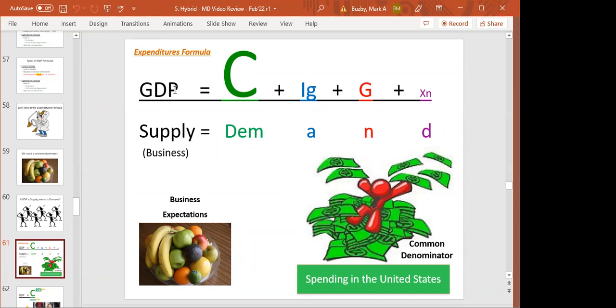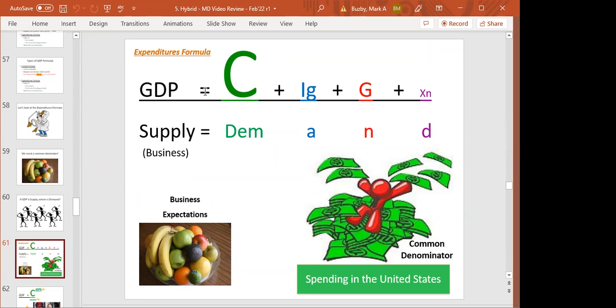That's why GDP looks at the total market value, or in other words, what it's bought at Walmart. Why? Because that's what households, business, government, and the rest of the world buy off the shelf at Walmart. So we want to make sure that they're equal. If you think of it that way, then just go back to our original supply and demand curve.